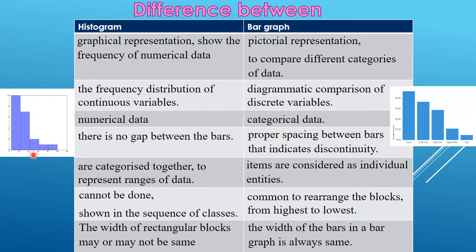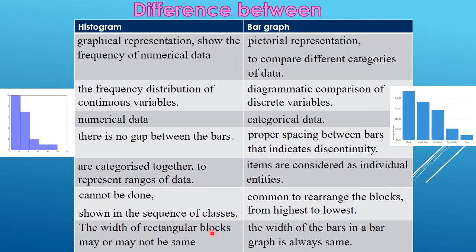The histogram is used only for numerical data, but in the bar graph the categorical data are not grouped together to represent a range of data. The items are considered as individual entities. We are giving an entity for each bar. It is common to rearrange the blocks from highest to lowest in a bar chart, but in a histogram we can't do it, because it shows the sequence of classes.